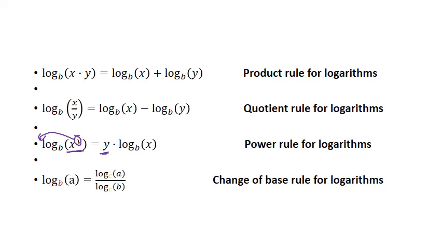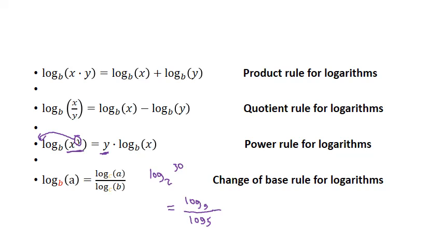The change of base rule for logarithms basically says that we can use any base that we wanted to. As an example, if we had log base 2 of 30, we could rewrite it with a different base. So we can say log base 5, just making up a number.